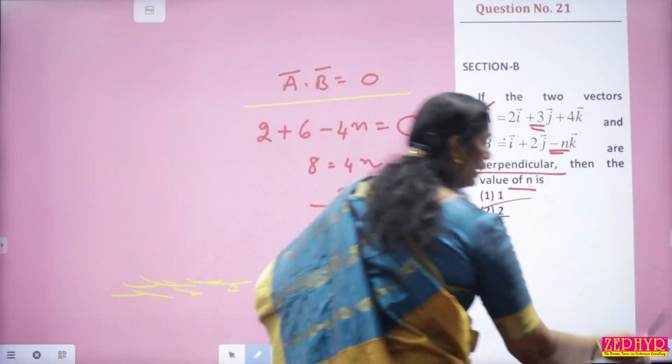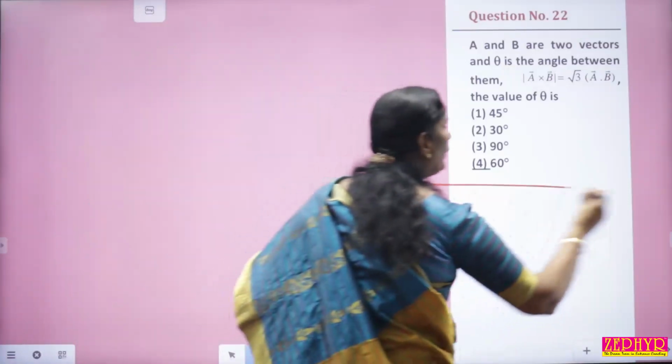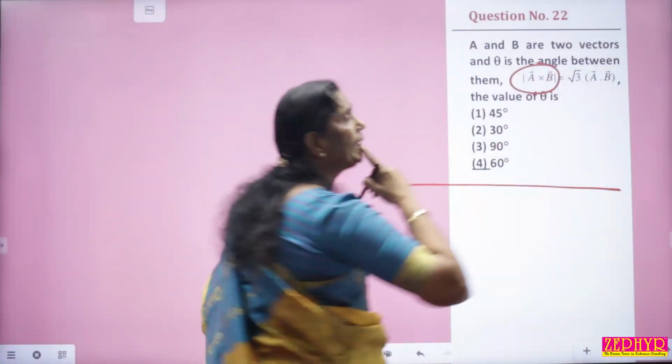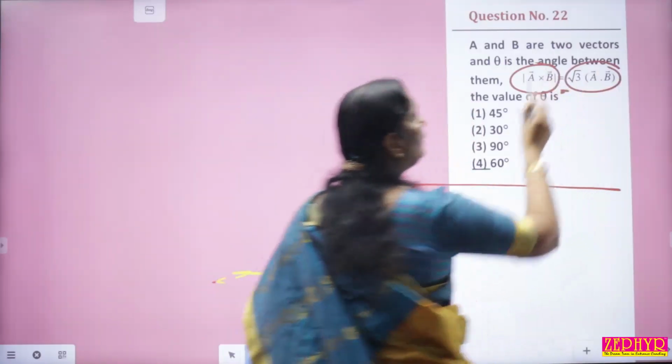Integer type question. Okay. Next question. This is also very simple. This is the magnitude of the cross product and this is the dot product, and you want to know the value of theta.